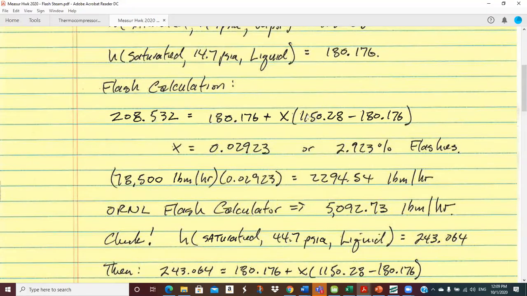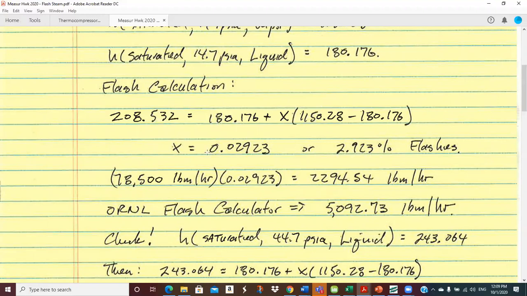And so X is the quality, the amount that turns into vapor, the fraction. And that's times just the enthalpy difference from the vapor to the liquid. So that's just a quality calculation is all you're doing.